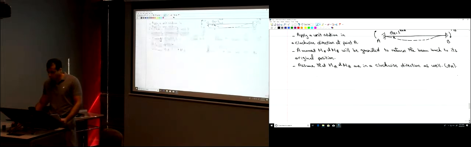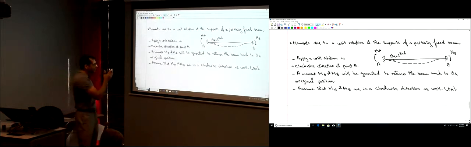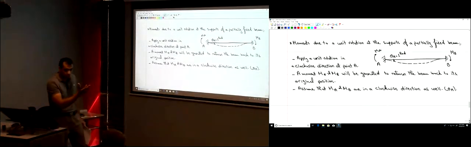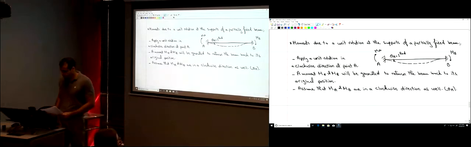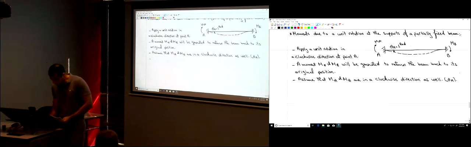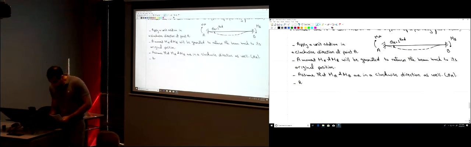Okay? What do we want to find here? We want to find MA and MB. Those are not called fixed end moments. The beam is not fixed anymore. There is a rotation at point A. Okay? So our problem here is we're required to find MA and MB.